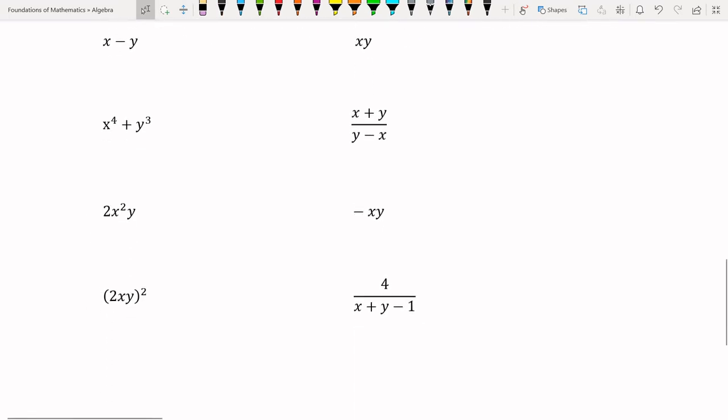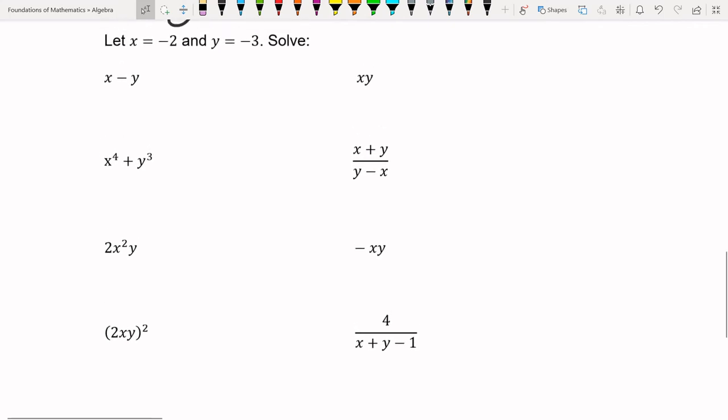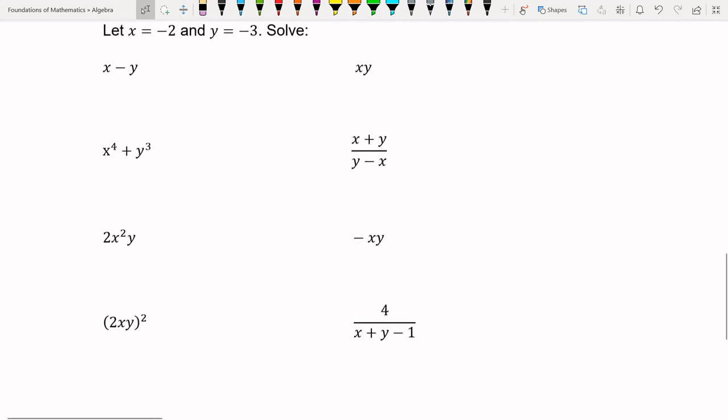Okay, here I have a few expressions given that x equals -2 and y equals -3. We're just solving each one of these 8 expressions with the same idea that x equals -2 and y equals -3.